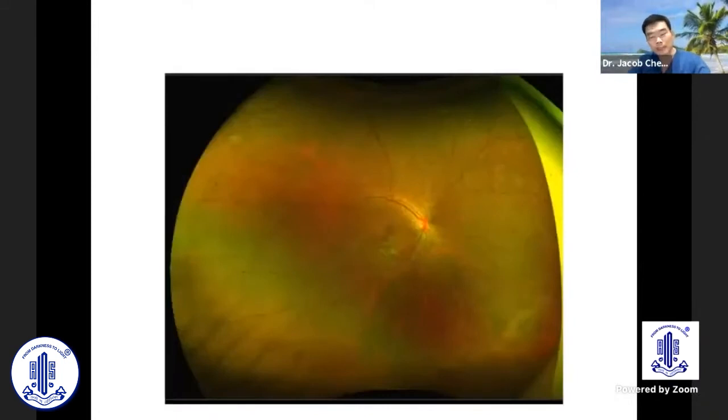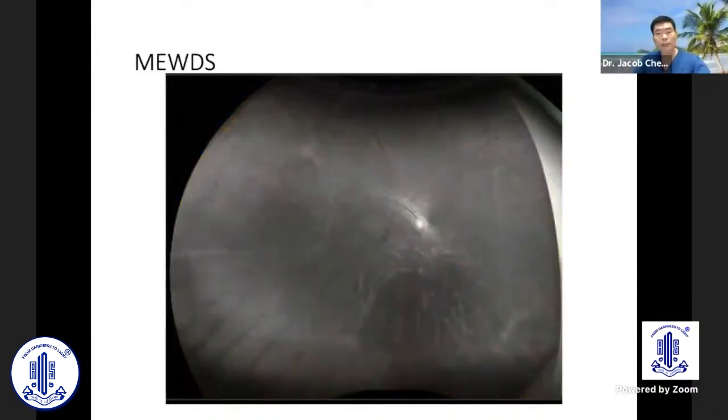This young girl presented with photopsia and blurring of vision. You can see all these whitish, yellowish dots in the posterior pole, as well as the periphery. Patient probably has MEWDS, or multiple evanescent white dot syndrome. And we know that this is not a choroidal pathology.